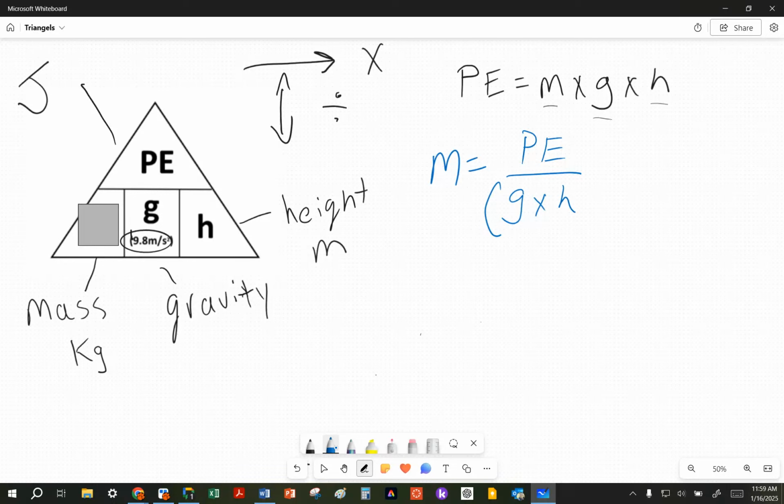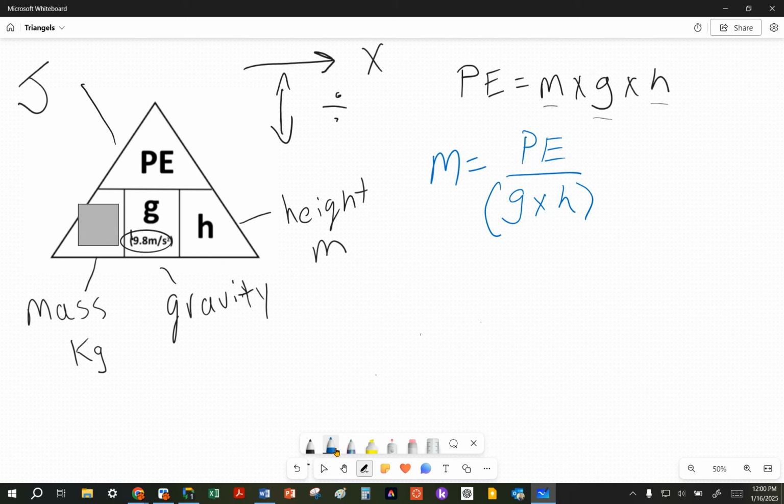Careful doing the order of operations here. I have a lot of students that type in the potential energy divided by gravity, then multiply it by the height. That's not the same thing. So you got to be very careful when you do this. I like to do the parentheses first so you get one big whole number, and then you just divide the potential energy by that number, and it leaves you your mass, which remember is in kilograms.